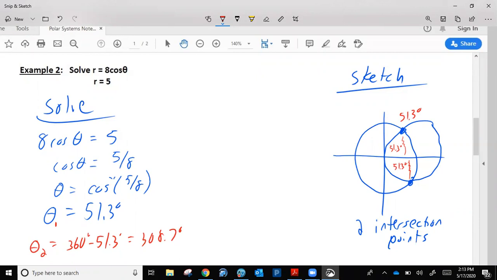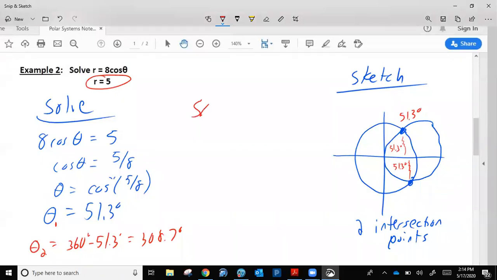Those are our angles. We need to find the radius for these, and this one's a little bit easier because thankfully that second equation has a constant radius of 5. So for these to have a solution together, to intersect together, it has to be at that fifth ring. So r is 5.